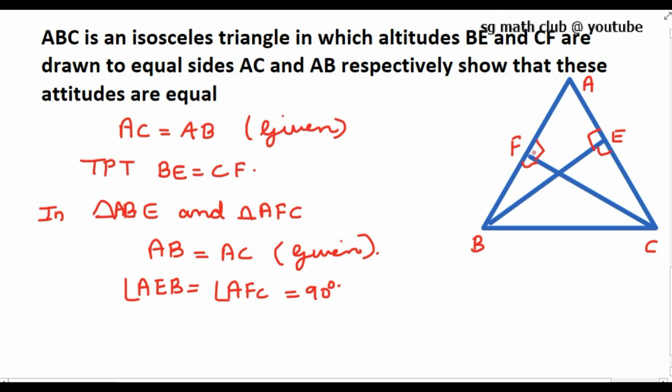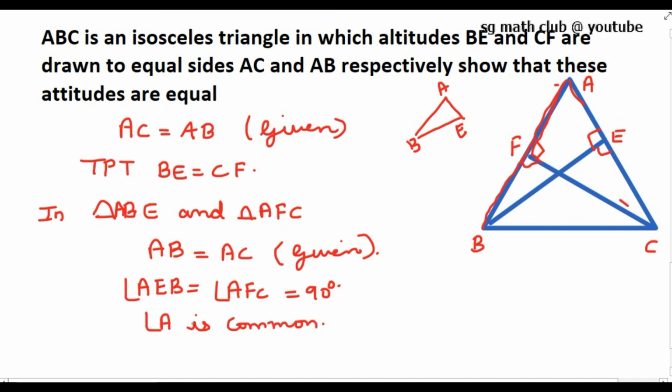So the first triangle we have taken is ABE, and the second triangle we have taken is AFC. So we can see that angle A is common for both the triangles.